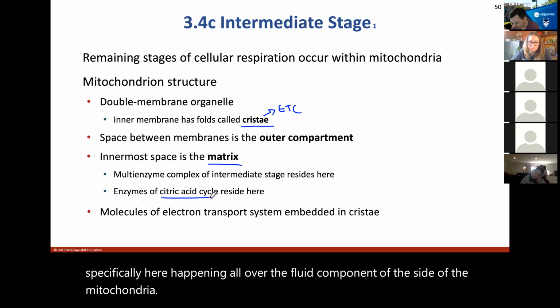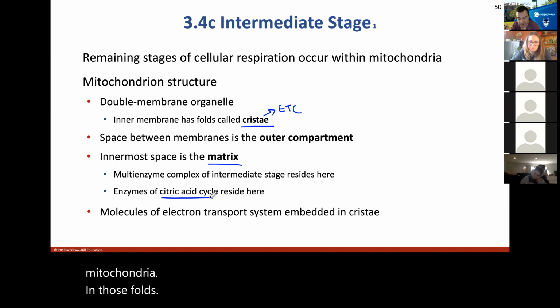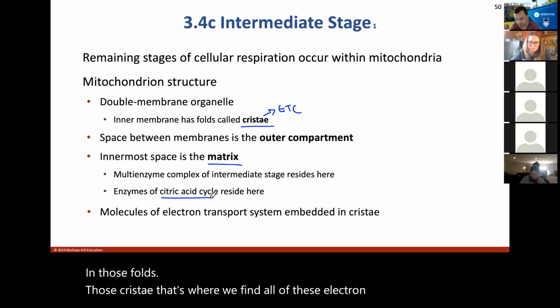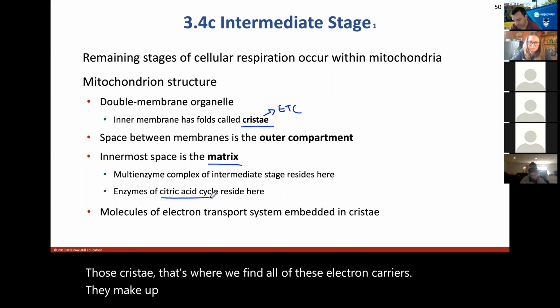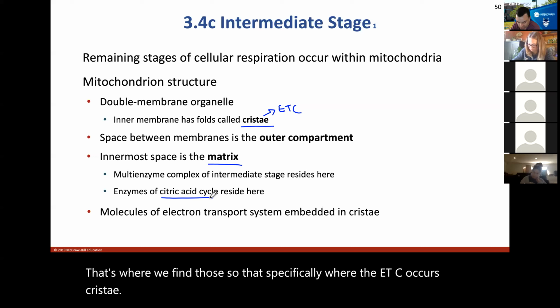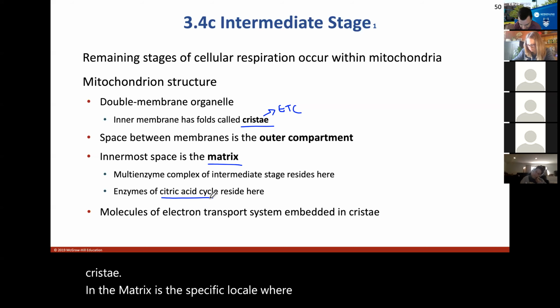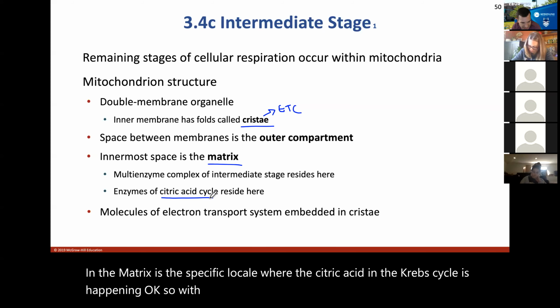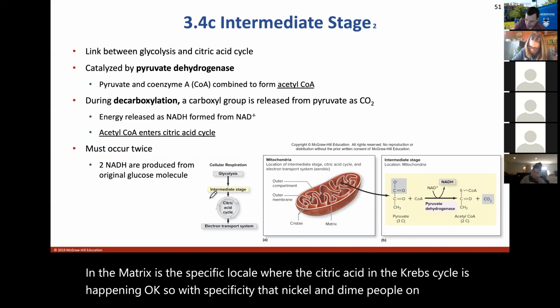In those folds, the cristae, that's where we find all of the electron carriers that make up the electron transport chain. So that's specifically where the ETC occurs, the cristae. In the matrix is the specific locale where the citric acid or Krebs cycle is happening. It's specificity that nickel-and-dimes people on that first exam.